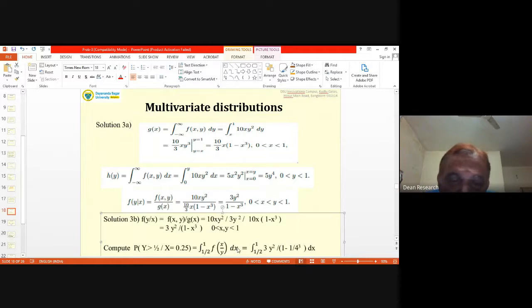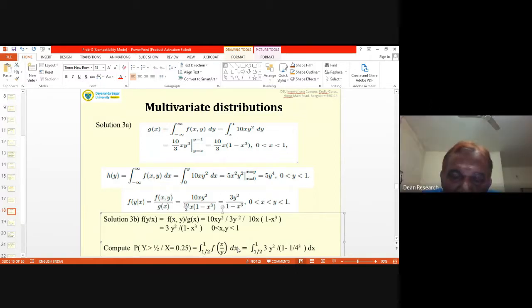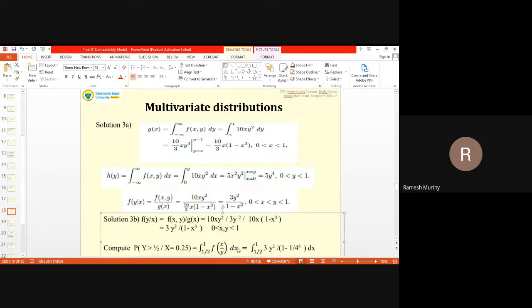See, the integral from half to 1 of f of x given y into dy it should be. So it is f of y given x. X is given; x equal to 0.25 is given. Yes, it should be the other way: function of y by x.